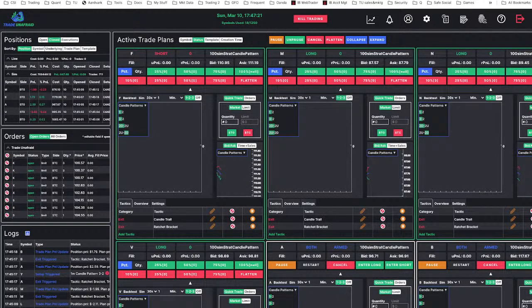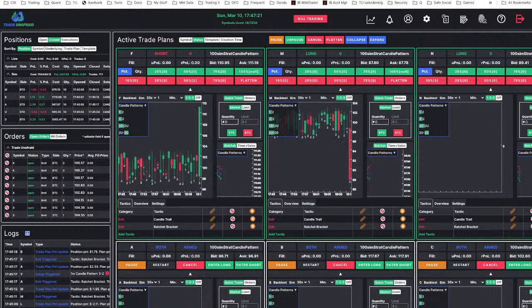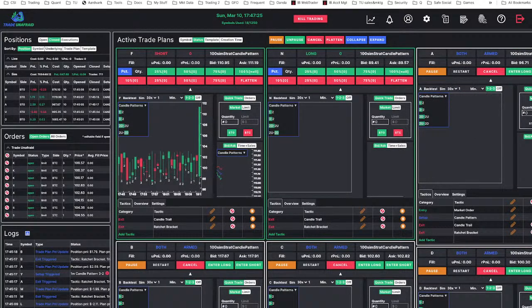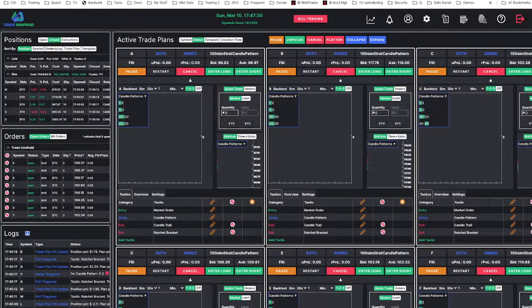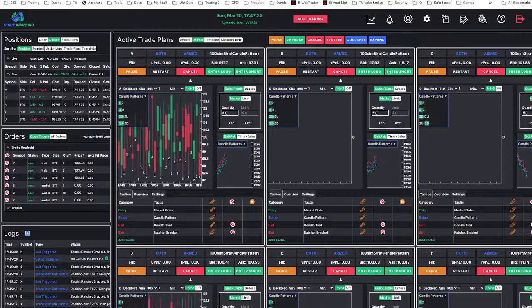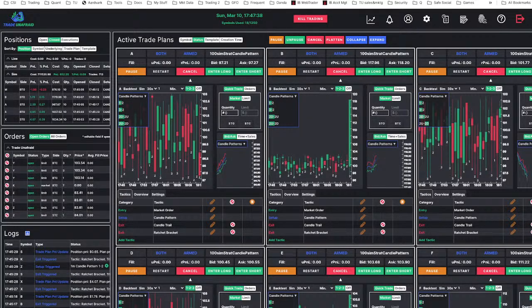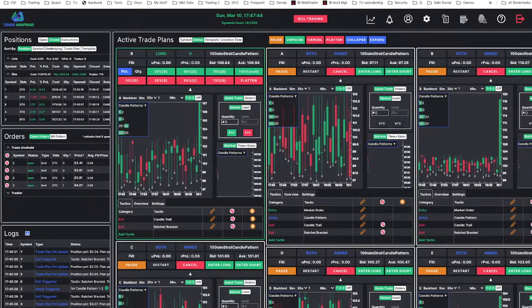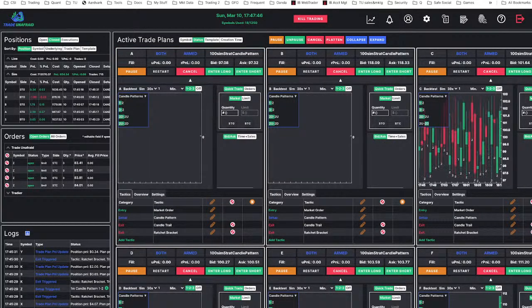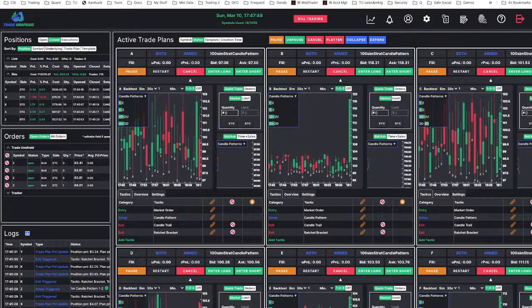So we're up $647. Now I know this is simulated data. It doesn't really count. But something to keep in mind here is the reason that it's profitable is because we have a trade plan that takes advantage of small stops and we're not even letting runners run the way we should.